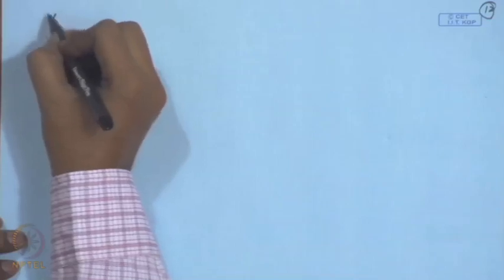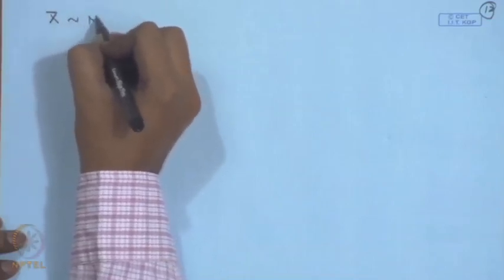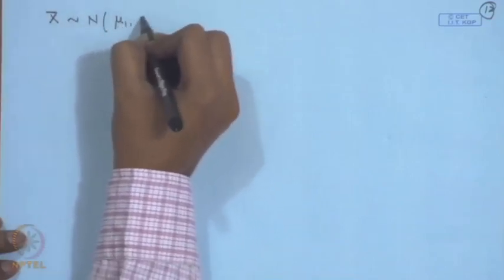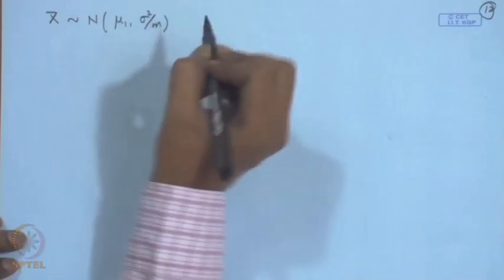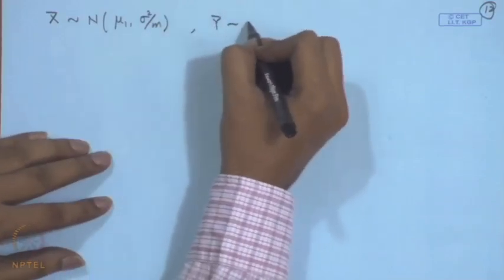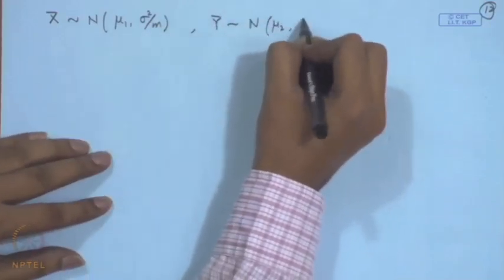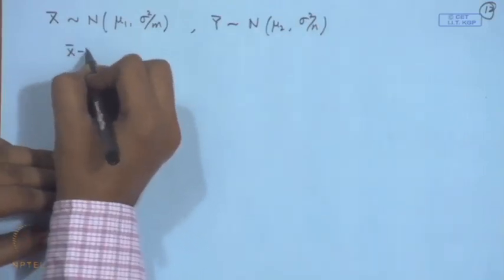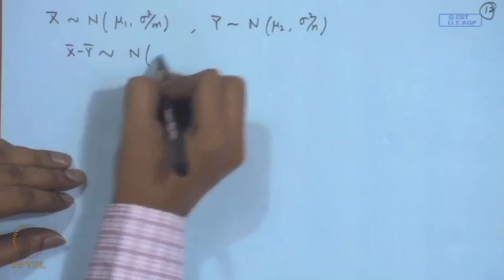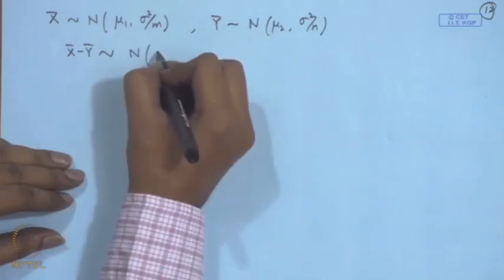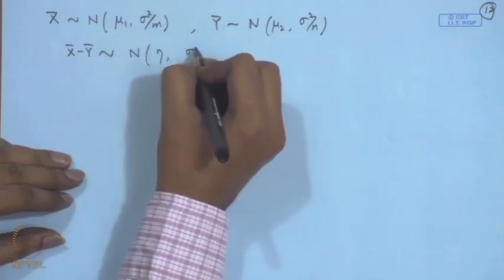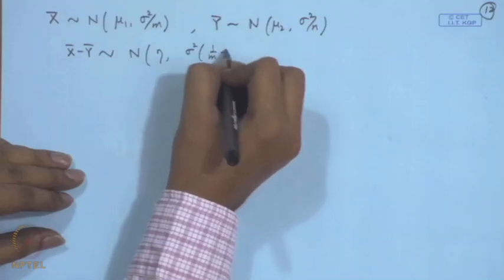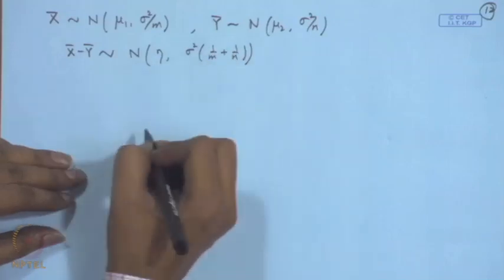Now, we apply the distribution theory of these quantities here. X bar follows normal mu 1, sigma square by m, y bar follows normal mu 2, sigma square by n. So, if I consider the difference, x bar minus y bar follows normal mu 1 minus mu 2, that we are writing as eta, sigma square (1 by m plus 1 by n).